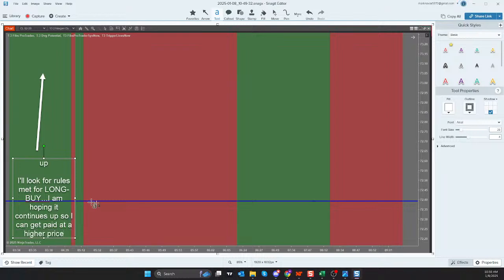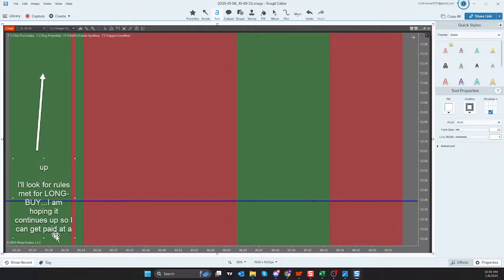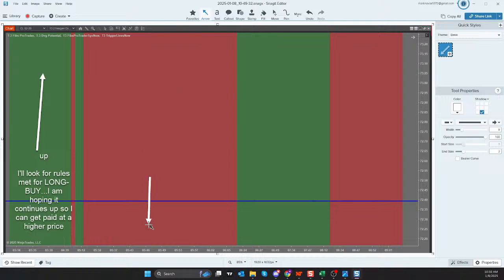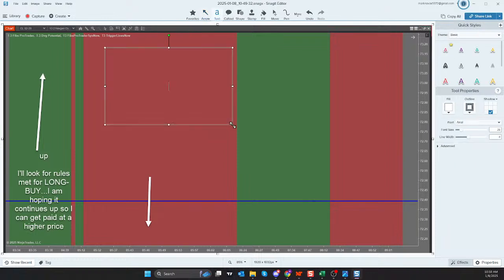That makes sense, right? That's kind of the stock thing. Buy low, sell high. So here's the beauty of futures. When the background is red and the trend is down, oh, I love this. When it's down, I'll look for the same rules to be met in the opposite direction.